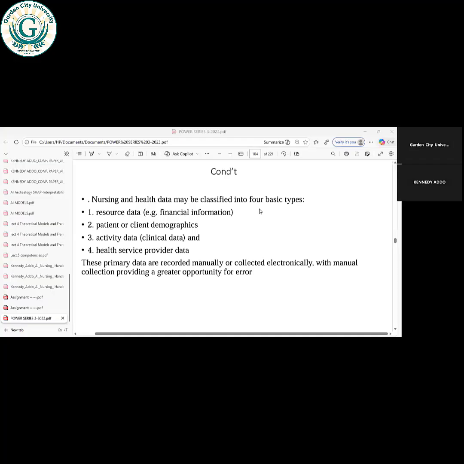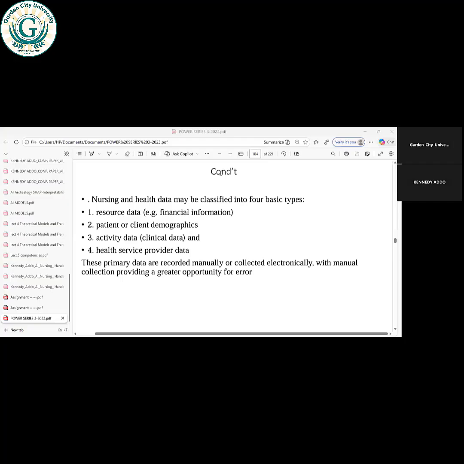So I think all the things you have said are in line with what is expected. So let's begin this way with the resource data. Even though you have seen examples like financial information, you can also look at it from this point of view. Medical supplies, looking at availability, usage, and stock levels. All of them are part of resource data. The equipment that you have, that are functioning, and how you maintain them, all of them are part of your facilities or the infrastructure, human resources.